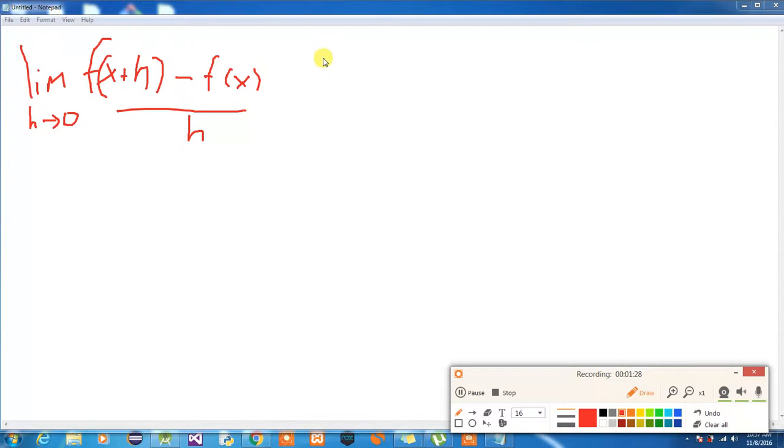Okay, I'm talking about these kinds of problems. And then they'll give you a function like, I don't know, x squared plus 5.